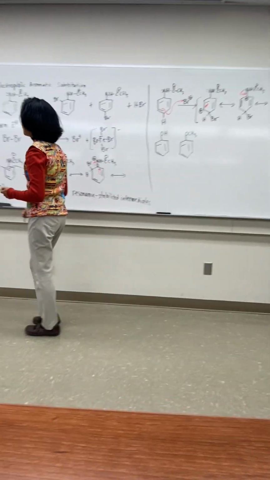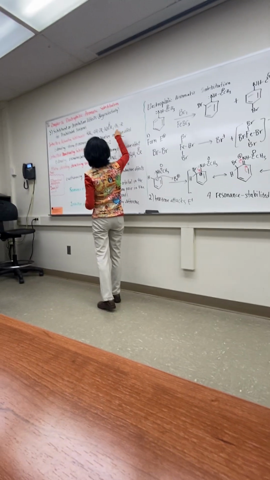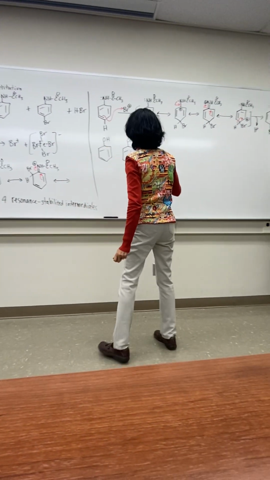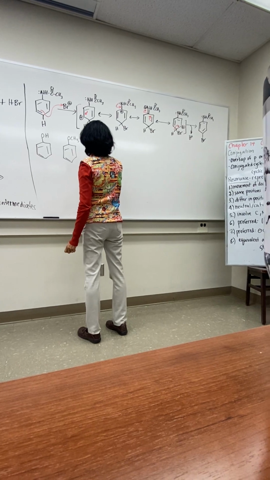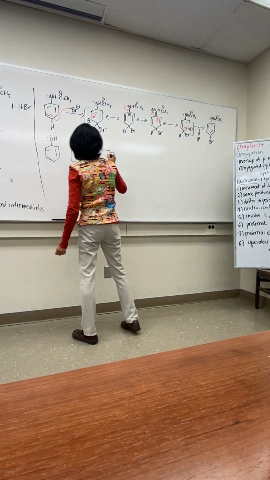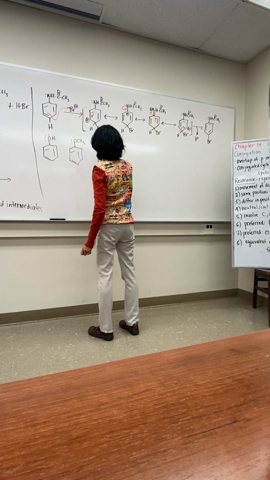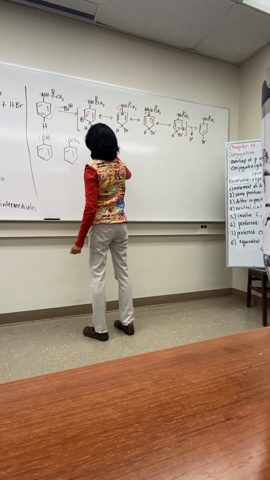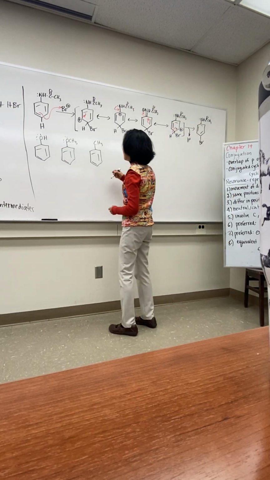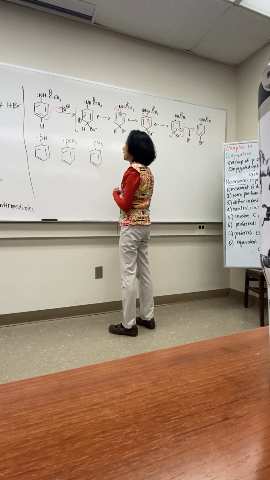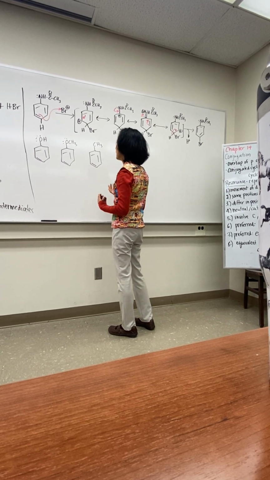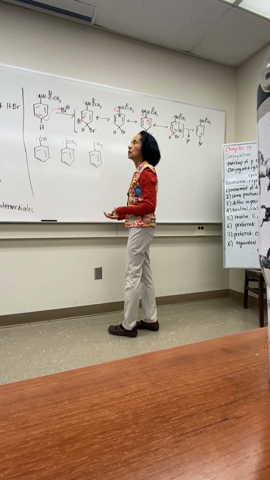The other group that could be ortho-para activating is if you have an R group. So that means that if I have this, so lone pairs, and then if I have this substituent, this is considered activating because there are no lone pairs, but the carbon is bigger than the hydrogen, so it's considered electron donating.